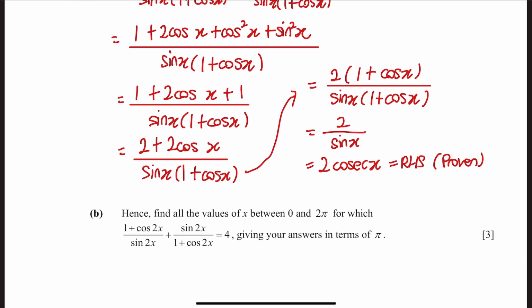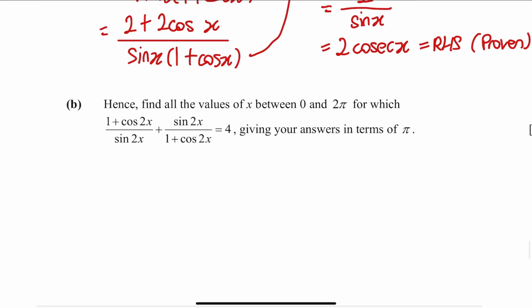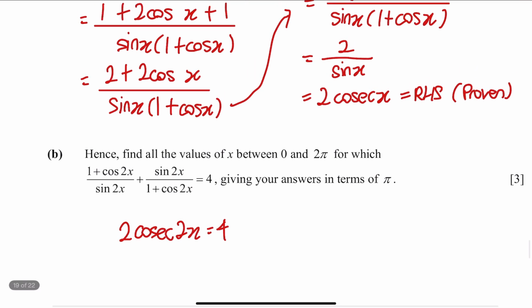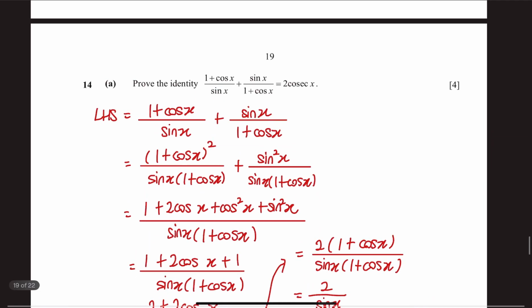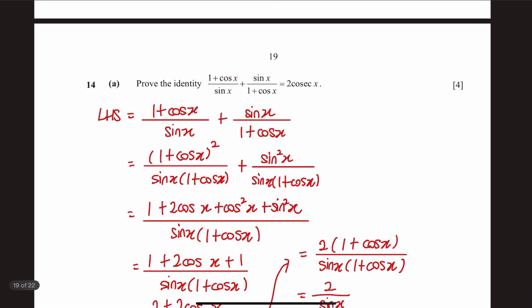Alright, then now for part B. Hence, find all the values here. Okay, I know that from this equation here, I can convert the first part here. Over here, I can convert this to become 2 cosecant 2x equals to 4. Okay, take note, this question here is 2x. So I'm changing here, instead of x, this will become 2x.